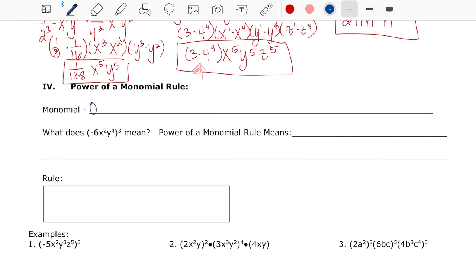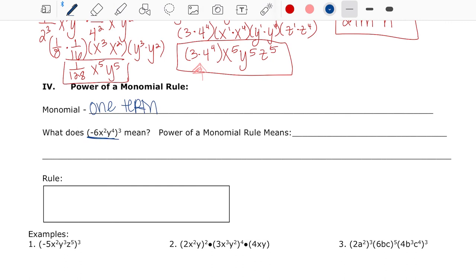We have a monomial, again, which is just one term. And then we want to know, what does negative 6x squared y to the 4th all to the power of 3 mean? Well, that really means this base right here multiplied by itself 3 times.